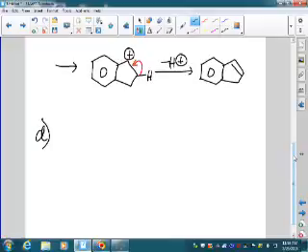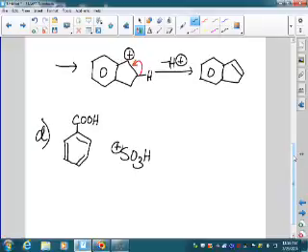D is benzoic acid, and now I need to draw in my bonds, and we're reacting that with SO3 H2SO4, so that makes SO3H plus, with the plus on the sulfur, and it's a meta-director. COOH is a meta-director, so we're going to put the SO3H on the meta-carbon. Yes, Camera? No, but I'm doing all the mechanisms.